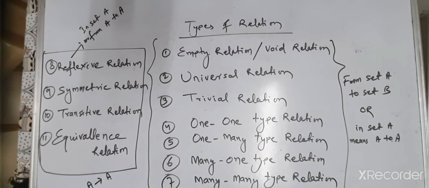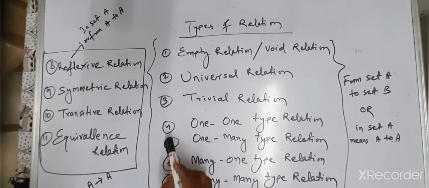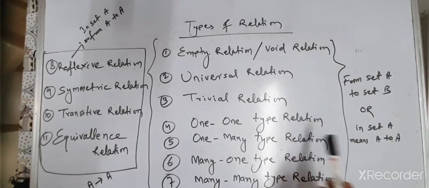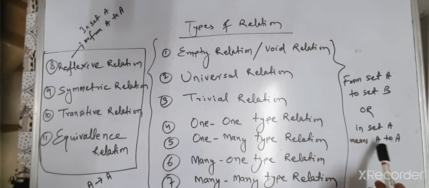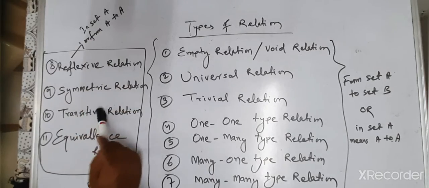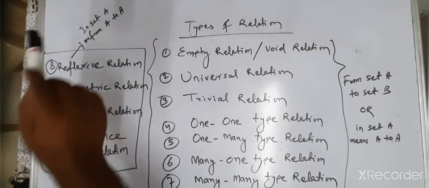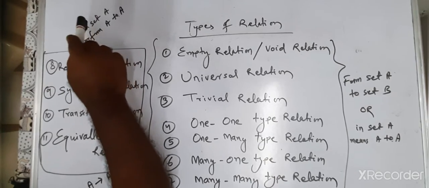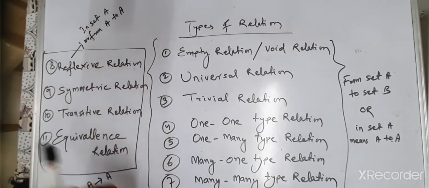So be careful: numbers 1 to 7 are based on from set A to set B or in set A, that means A to A. But these four relations, reflexive, symmetric, transitive and equivalence, are based on a single set, from set A to set A.